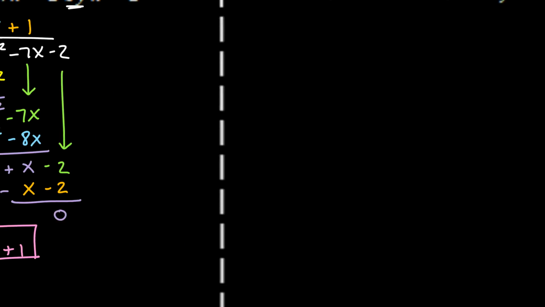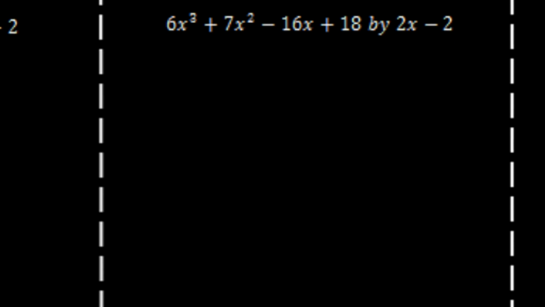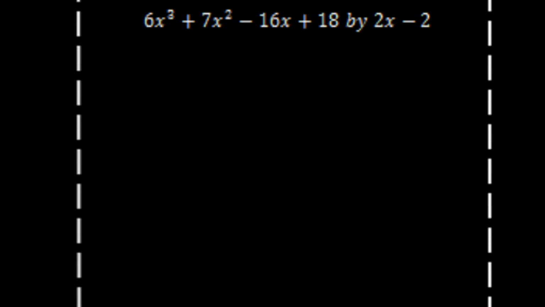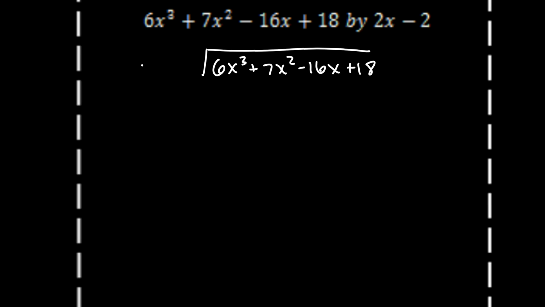Okay, next one. So inside of our division house goes 6x cubed plus 7x squared minus 16x plus 18, and then 2x minus 2 goes on the outside.